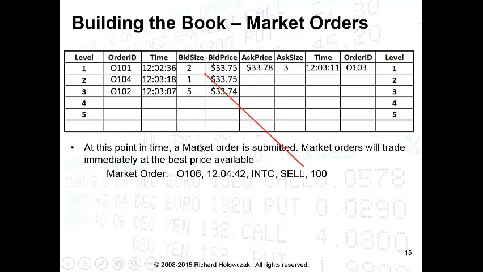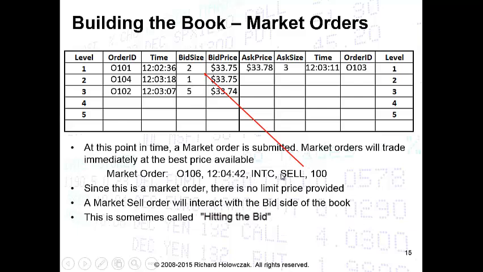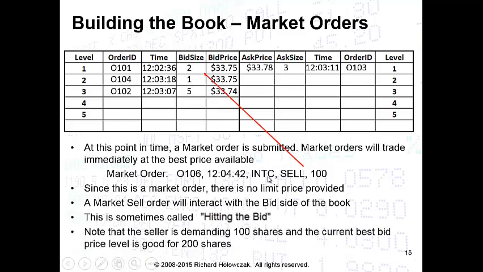So here we have a market order that comes in, and the intent here is for the trader to sell 100 shares. Now, you may notice there's no limit price provided. Again, that is because the market order will immediately sell at whatever the best bid price is in order to satisfy that market order. In this case, the market order seller is demanding 100 shares, whereas the buyer here from order 101, you may remember, was looking to buy 200 shares.